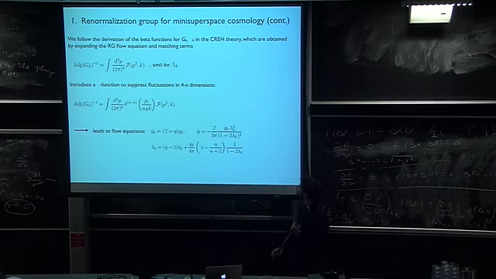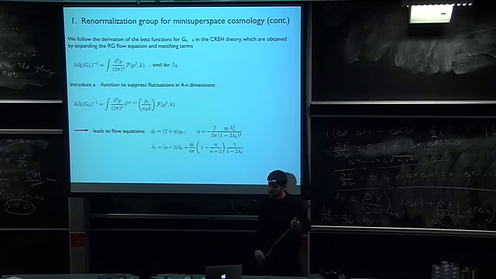So when you do this, you get flow equations for the dimensionless versions of the couplings, like the dimensionless g and lambda, which take this form in terms of the parameter eta, which is what is usually called, wait, I got a mental lacuna here, the anomalous dimension for Newton's constant.